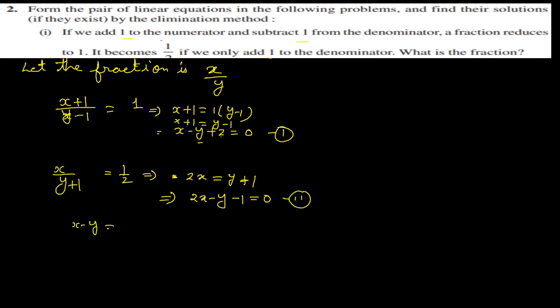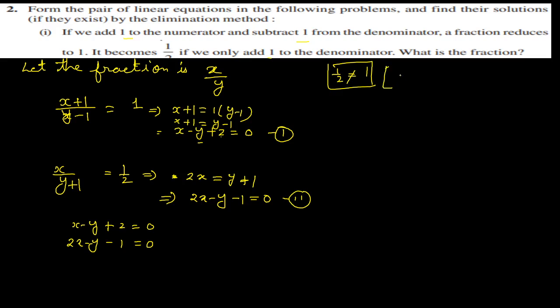x minus y plus 2 is equal to 0, and 2x minus y minus 1 is equal to 0. So let us take the coefficients first. 1 by 2 is not equal to 1, so they have a unique solution.